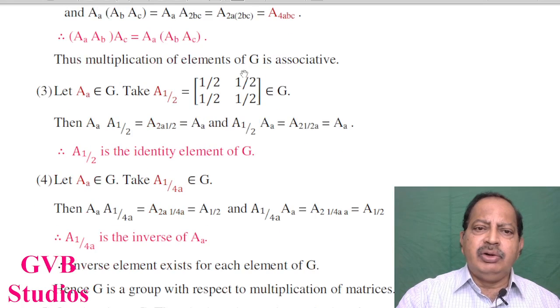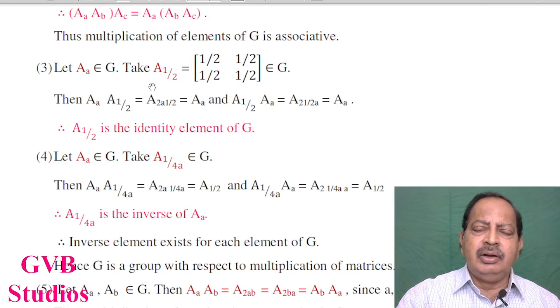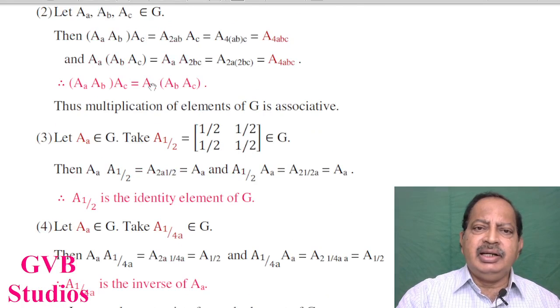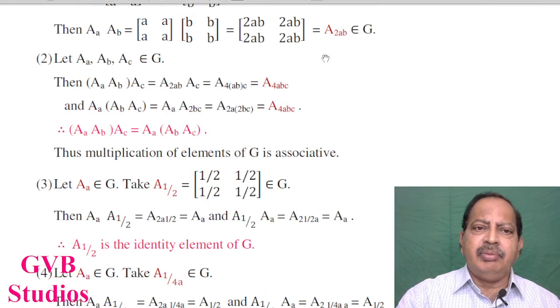So, next we go to the identity element. Just as an observation, we can find the identity element. Here, what is the identity element? In the closure property, by observation, if A_a is multiplied with some element, we have to get A_a.